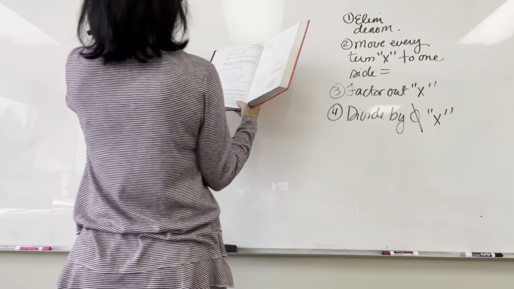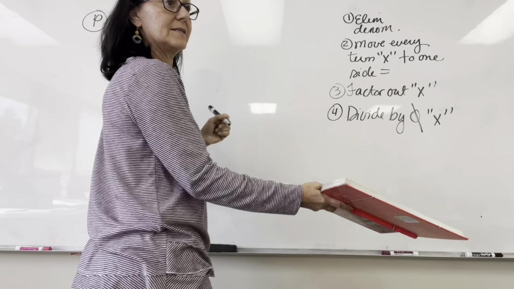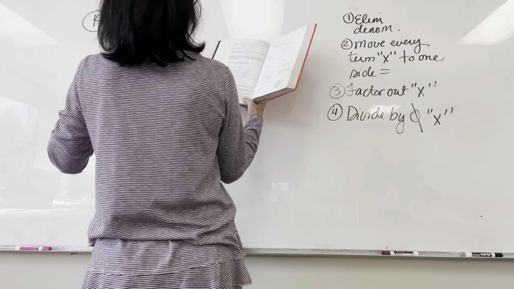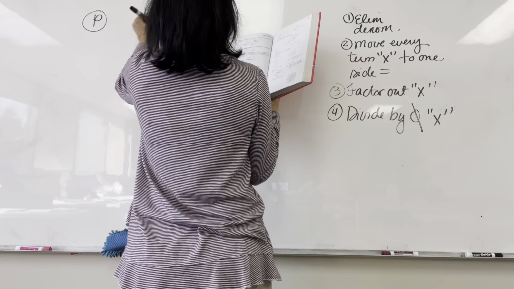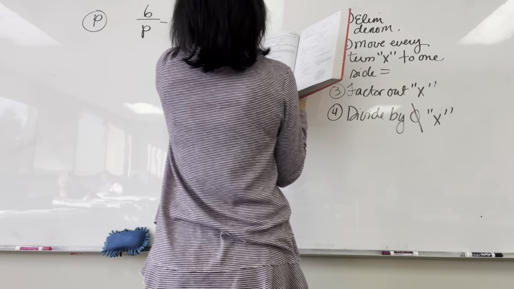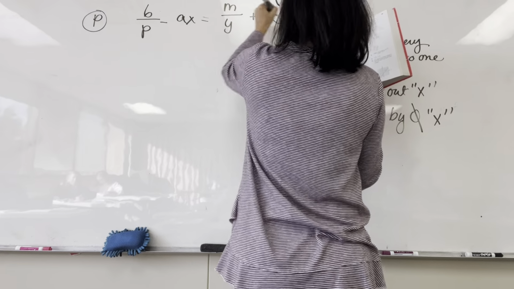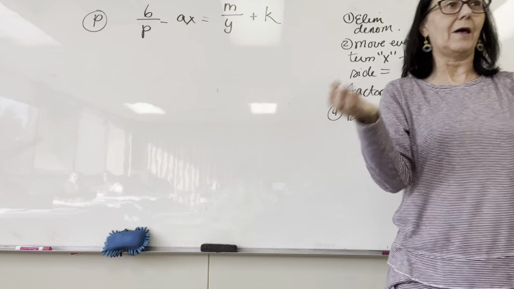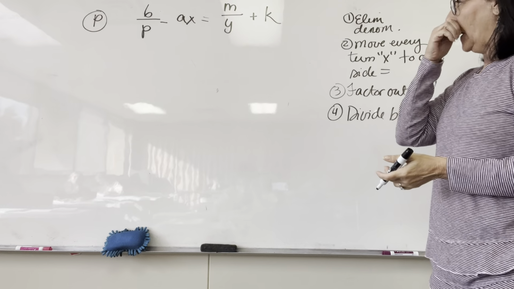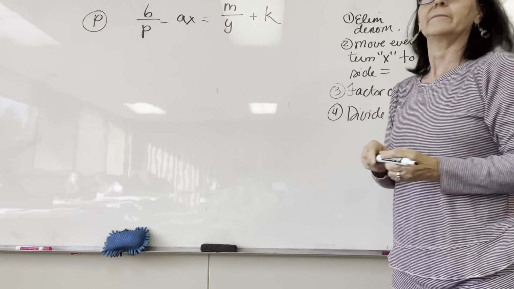All right, look at 40.3. Now I'm solving for p, so all of this applies to p. The initial problem is 6 over p minus ax equals m over y plus k. I always leave space in between the terms because I'm multiplying by something. Michael, what am I going to multiply every term by to eliminate that denominator?